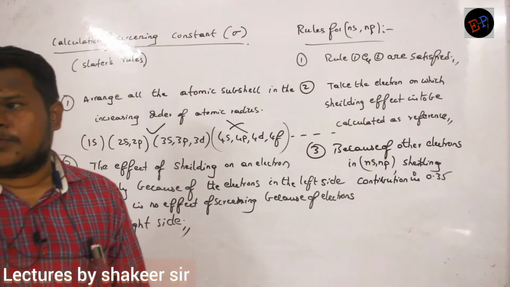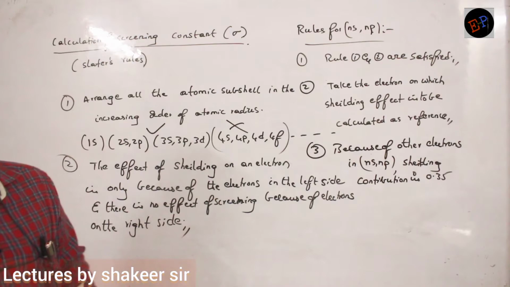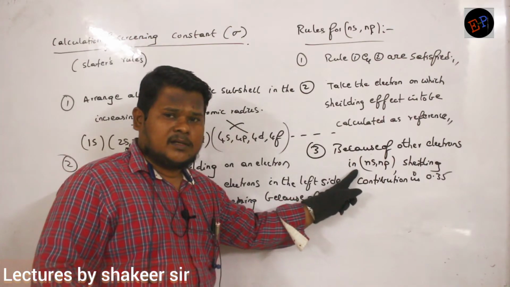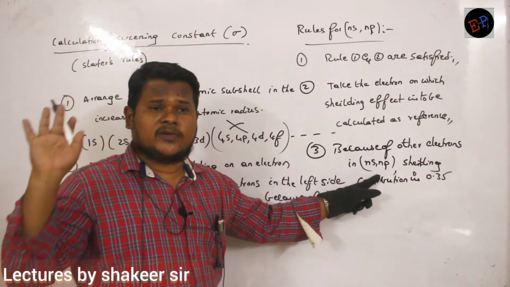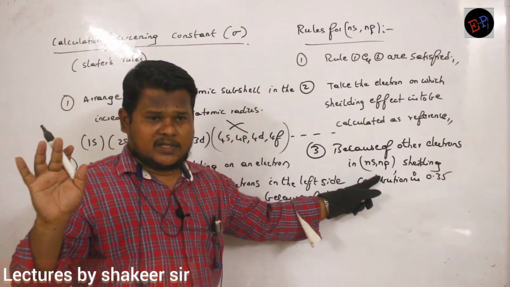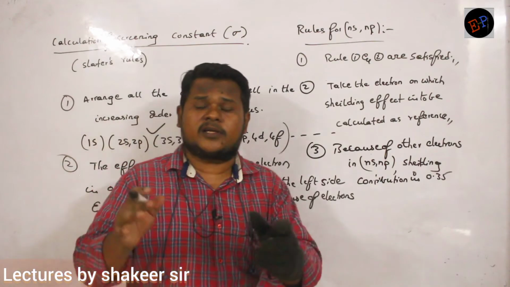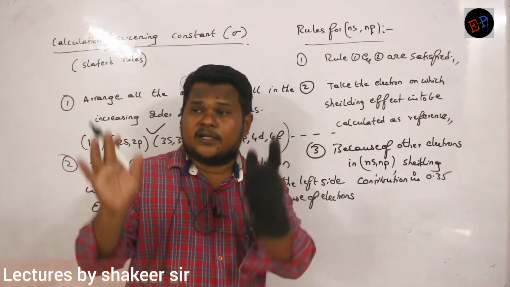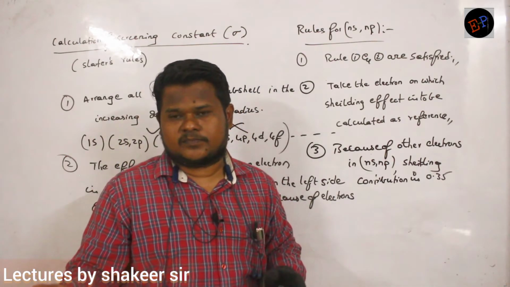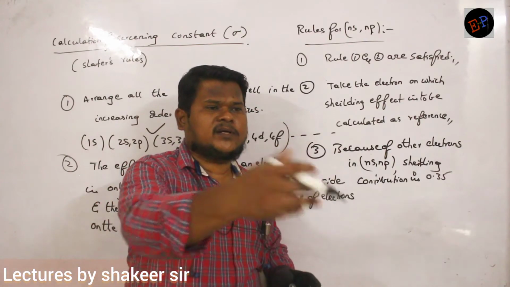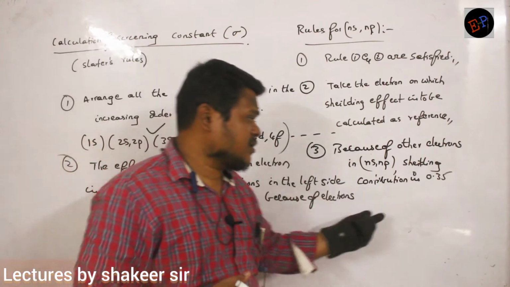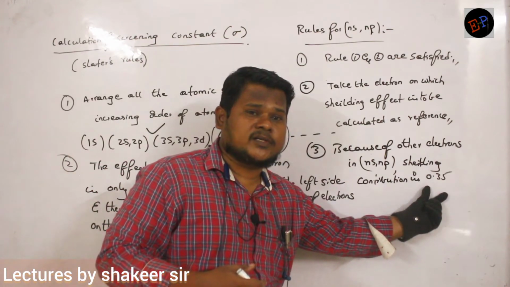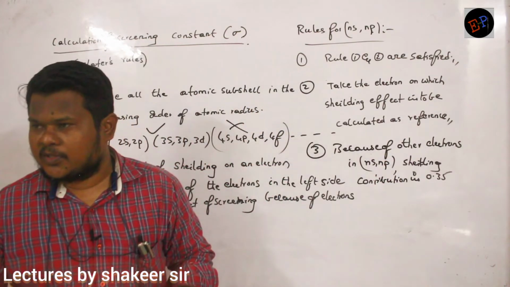Because of other electrons in which shells? In the same ns shell, np shell. N means that electron on which we are trying to calculate the shielding effect. For example, if I am trying to calculate shielding effect on 3d, then the n value will be 3. And with 3d you can find 3p and 3s also. Because of those electrons, what will be the contribution to the shielding constant? 0.35.